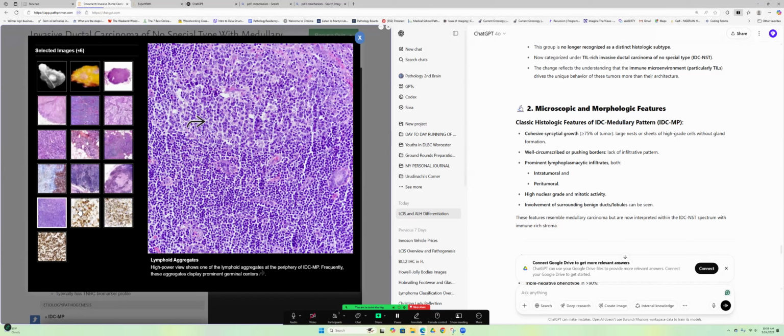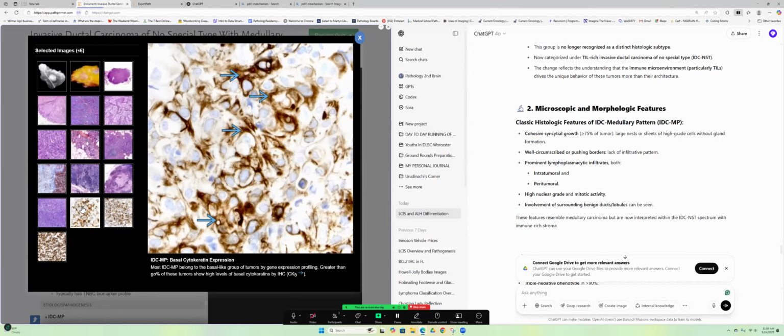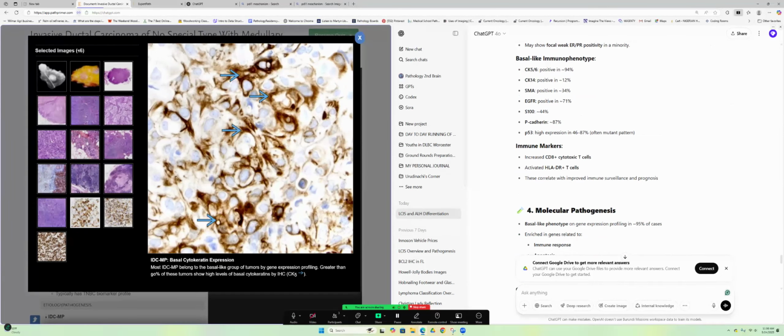Sometimes you may have lymphoid aggregate centers in this case. Basal cytokeratin like CK5/6 will be positive. We said that already, right? Because this is a basal-like cancer. In how many percent do we have CK5/6? 94%.